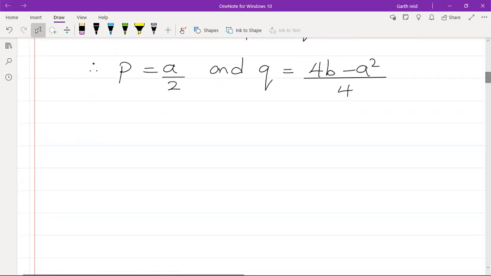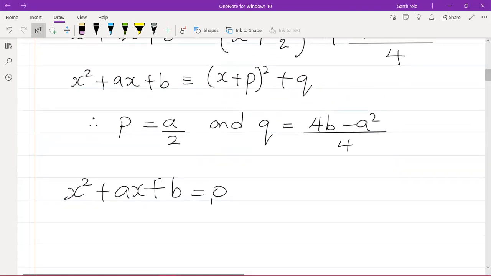All right. We know that x squared plus ax plus b must be equal to 0, right? But remember that we had just showed previously, right up here, that this quadratic on the left-hand side of the equation is the same as x plus p all squared plus q.